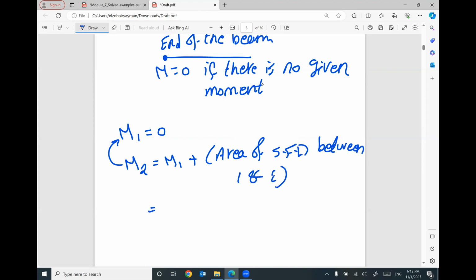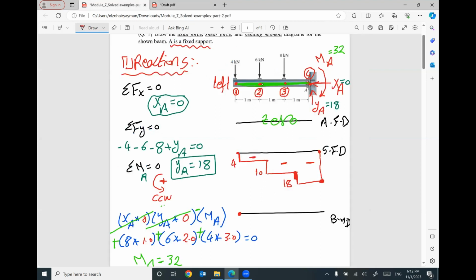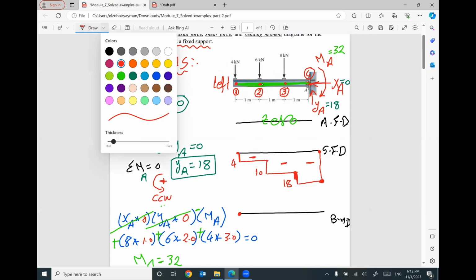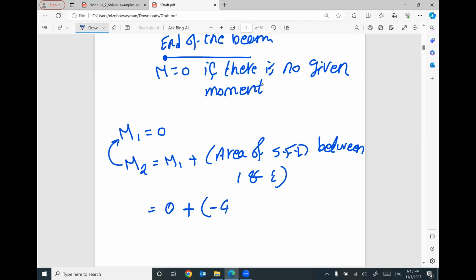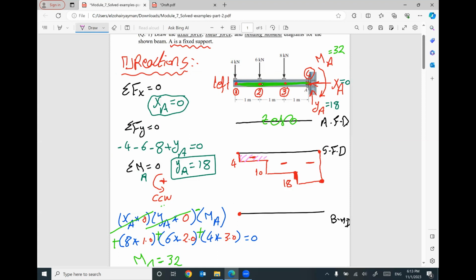The previous value, M1, is 0, plus what is the area of shear force diagram between 1 and 2? We have this rectangle, which is -4 times 1. So the final value will be -4. So I have a value here, -4.